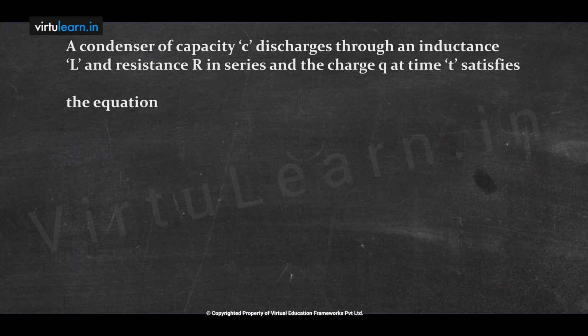There are different types, series or parallel, according to the problem. This is a physics problem, and the charge Q at time t satisfies the equation L d square q by dt square plus R dq by dt plus q by C equals 0. In most problems they give this differential equation from Kirchhoff's law; here they have given it directly.